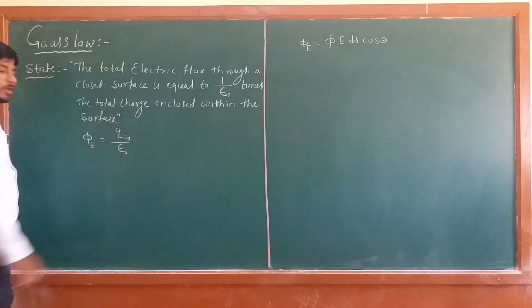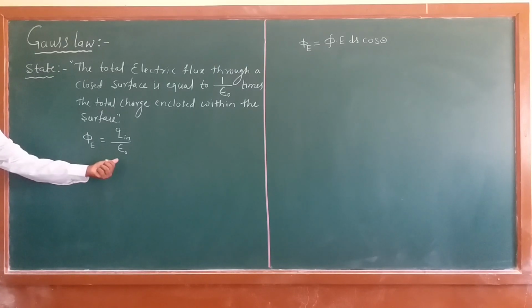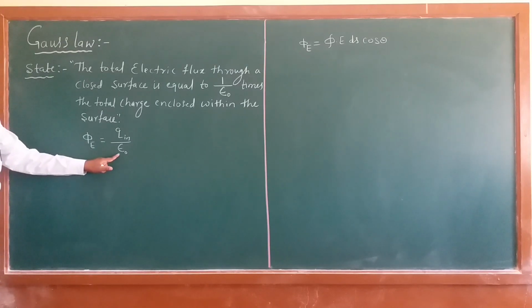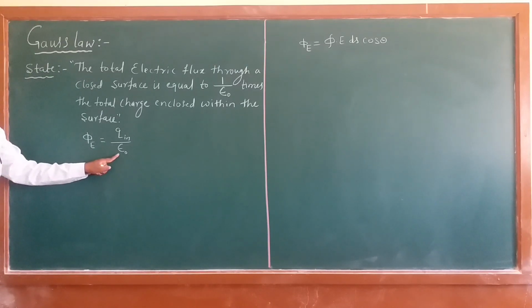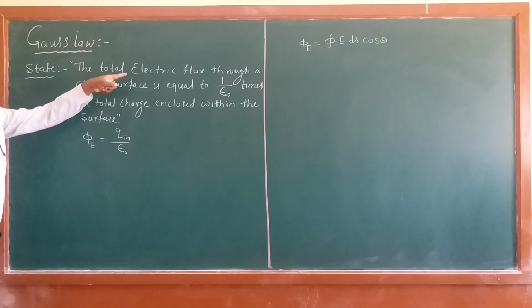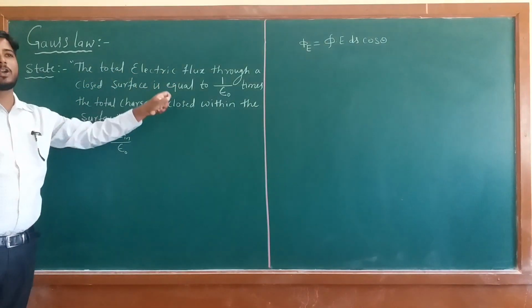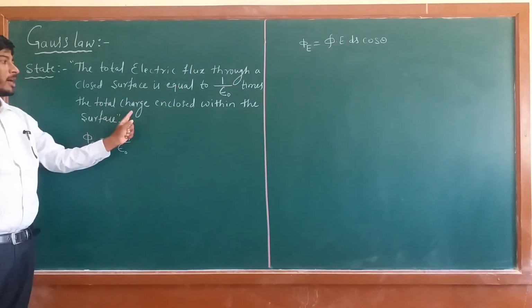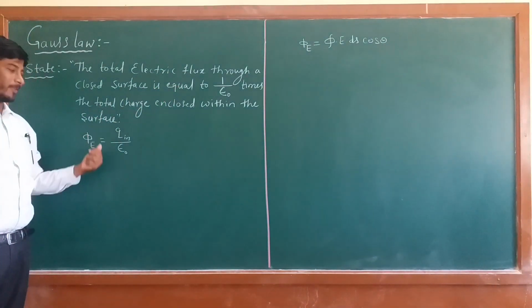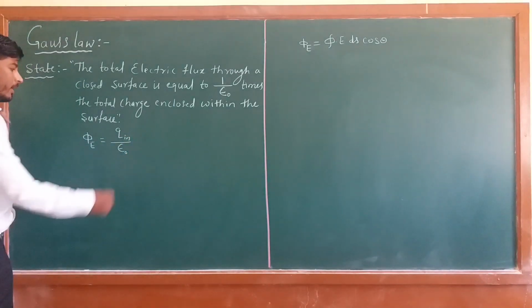We write it as Q enclosed, that is the total charge enclosed by the surface divided by epsilon naught. We know what is meant by epsilon naught. Epsilon naught is the permittivity of free space. So this Gauss law holds good: total electric flux through a closed surface is equal to 1 by epsilon naught times the total charge enclosed within the surface, that is phi of E is equal to Q in divided by epsilon naught.